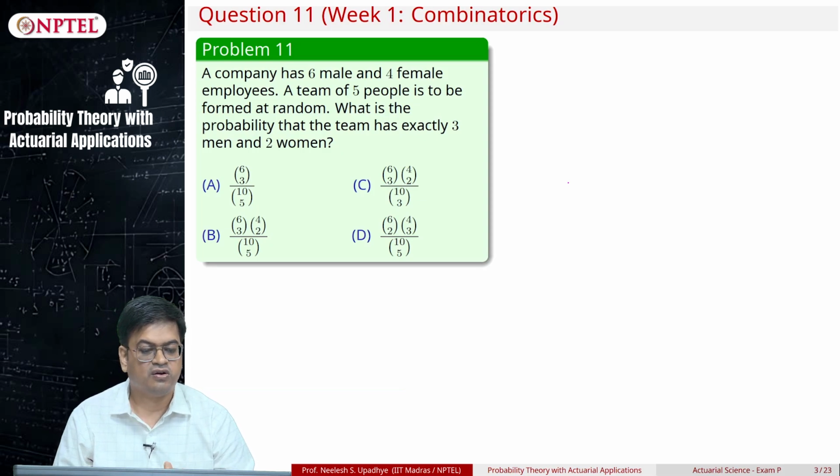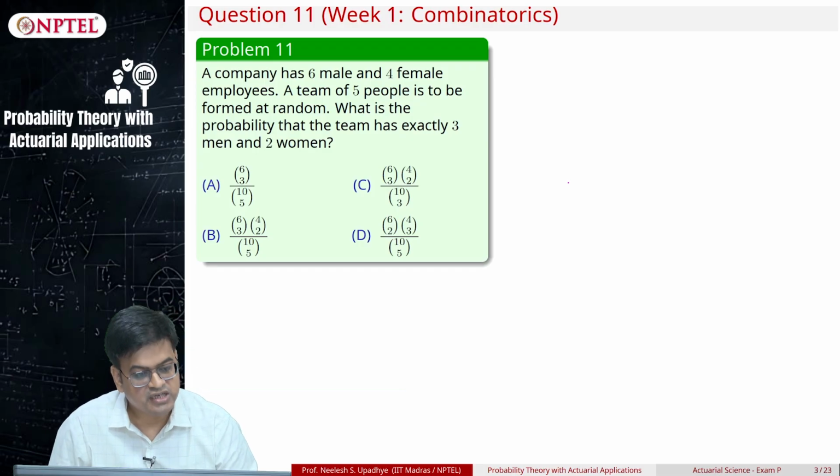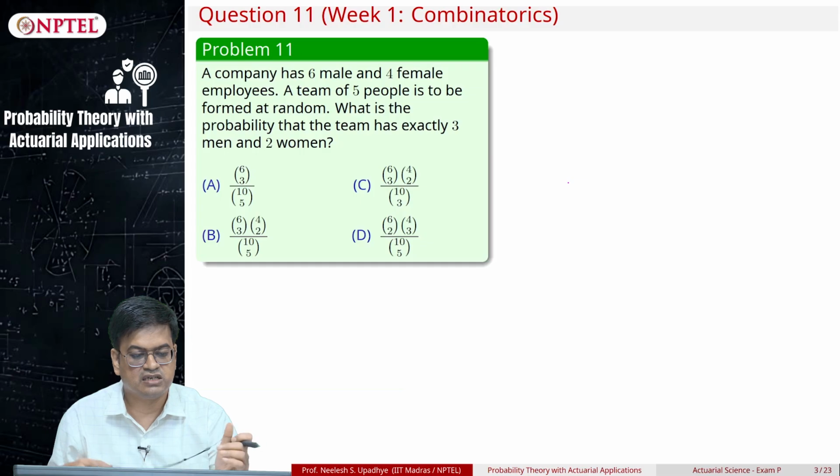Essentially, whether the order will matter for choosing the team or not is the key question. The answer is that order is immaterial, order does not matter. So the solution will come from combinations. Because we are dealing with this case, it is a classical probability.